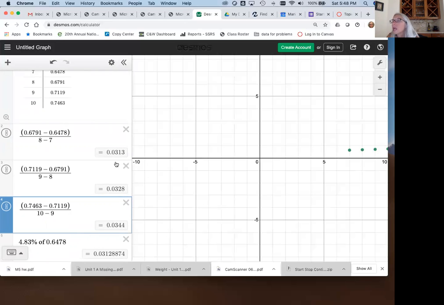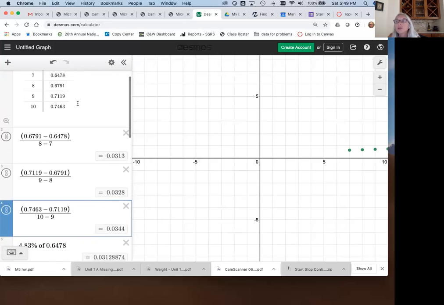So what can we say about the rate of change? Well, one thing we can say for sure is it's not constant, right? So we do not have a linear function here. We are not adding the exact same amount on each year as the years go by. What are we adding on? We're adding on a larger value each time as the years go by. So we would say that the rate of change is increasing.